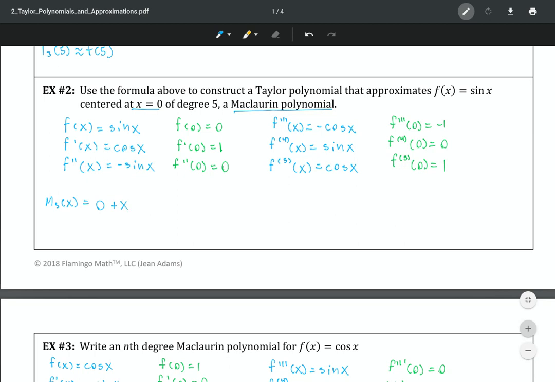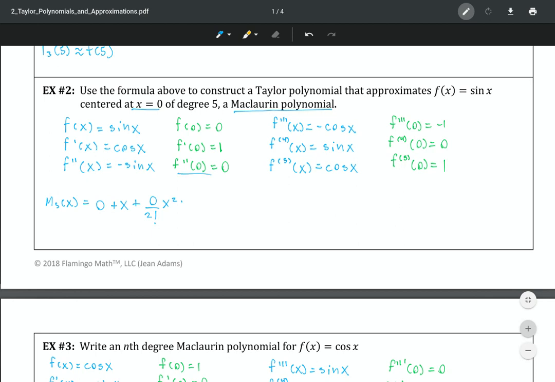And then plus the second derivative at 0, which in our case is 0 over 2 factorial times x squared.